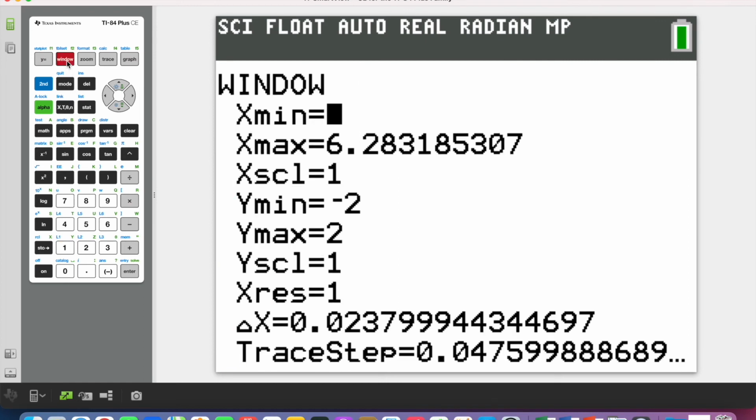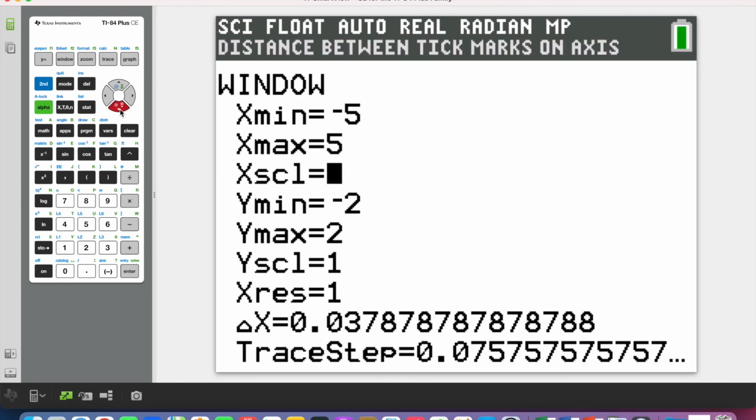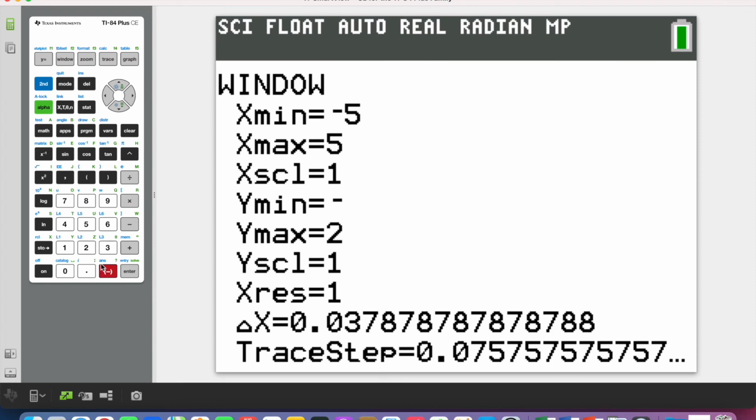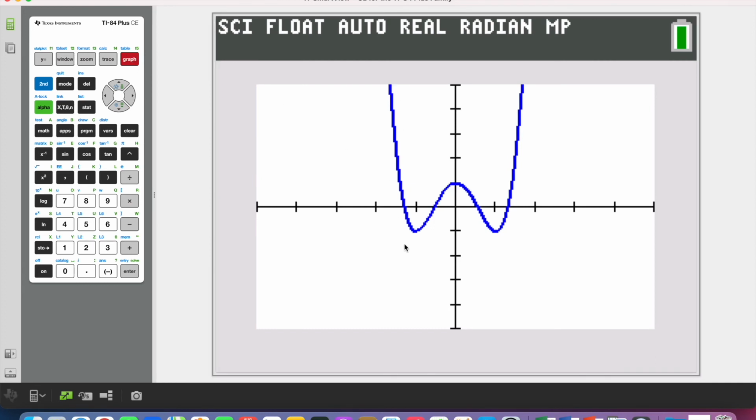The window is here, so we can adjust it. Let's say x minimum negative 5, maximum 5, and y negative 5 to 5. We can readjust if we don't get a clear picture on the screen. So we have a W type shape.